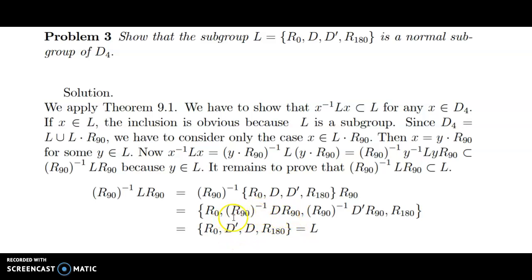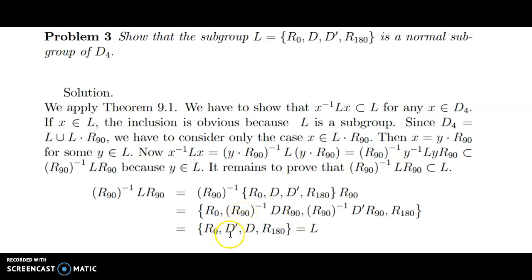You can check this by drawing a square. Label the vertices, apply from right to left, first R90, then D, then the inverse of R90.